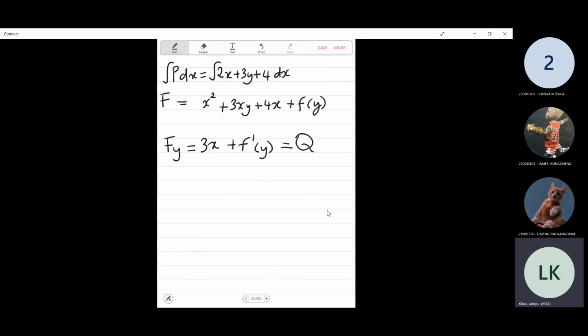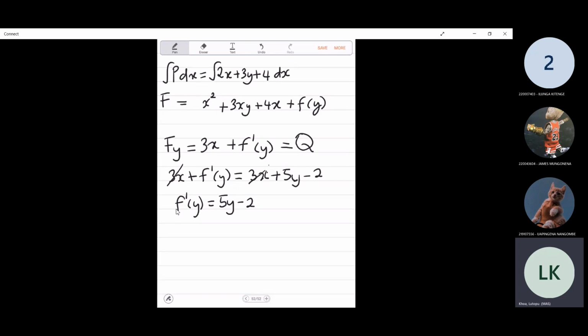So I have 3x plus f prime of y equal to q, and q is equal to 3x plus 5y minus 2. So you can see these two will cancel. Then this means that f prime of y is equal to 5y minus 2.